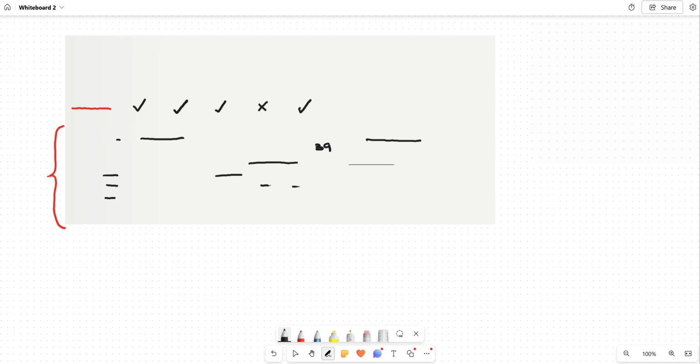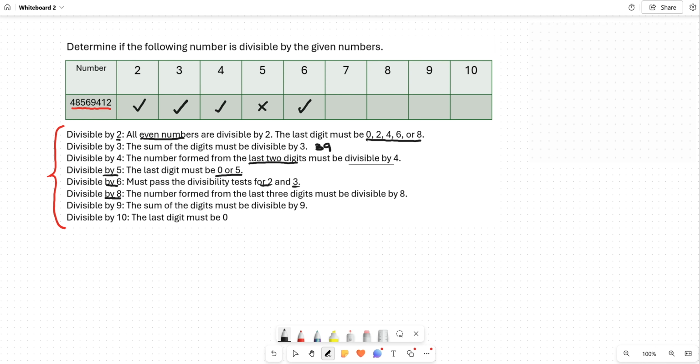Divisible by 8. Okay, the number formed from the last 3 digits must be divisible by 8. What is the number? It's 412. Now, if you know your times tables, you'll know that for 412, we're going to just look at the number 400. 400 divided by 8 goes 50 times. 408 divided by 8 will be 51 times, but 412 doesn't actually go into 8 evenly.